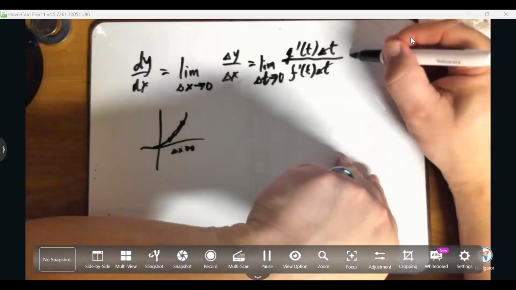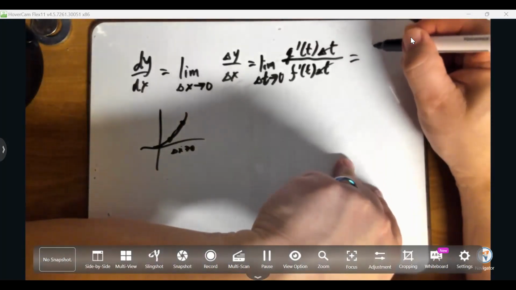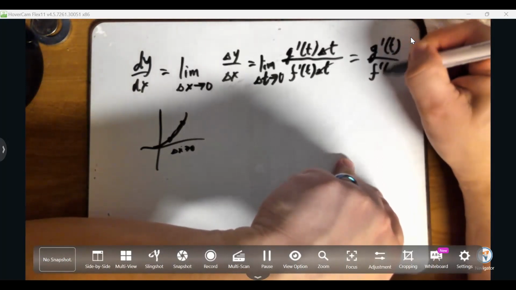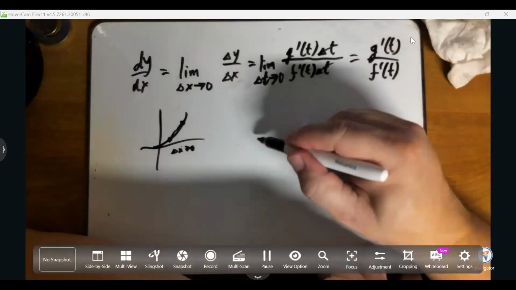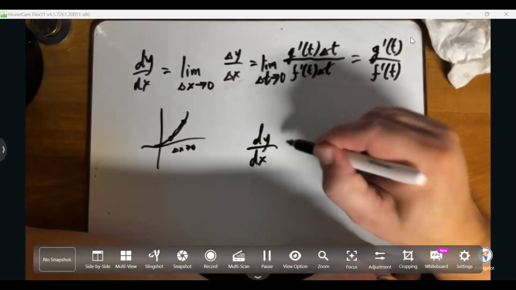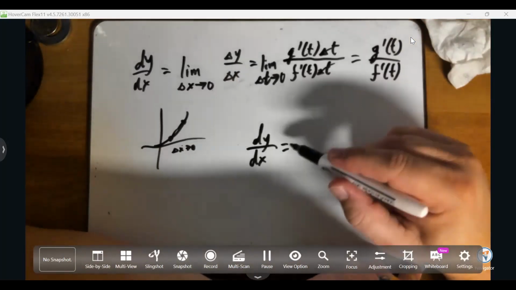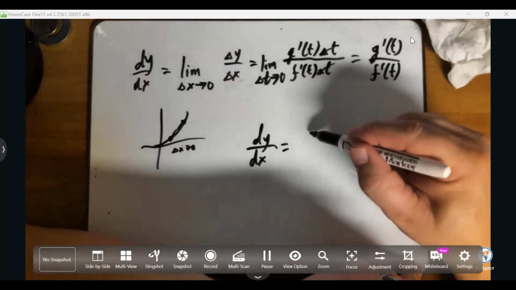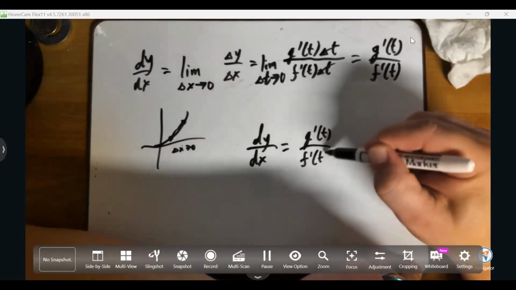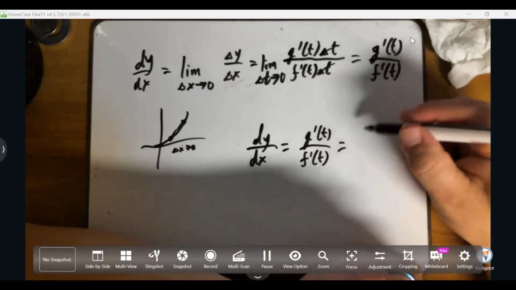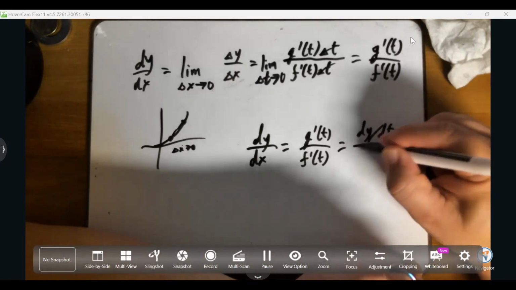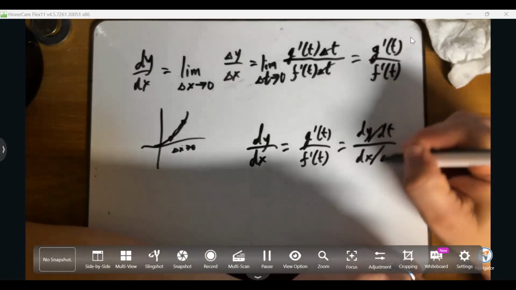And so we can cancel these. And so the limit we get is g prime of t over f prime of t. And so that is our derivative. So dy dx is g prime of t over f prime of t, or if you prefer, we can write that as dy dt over dx dt.